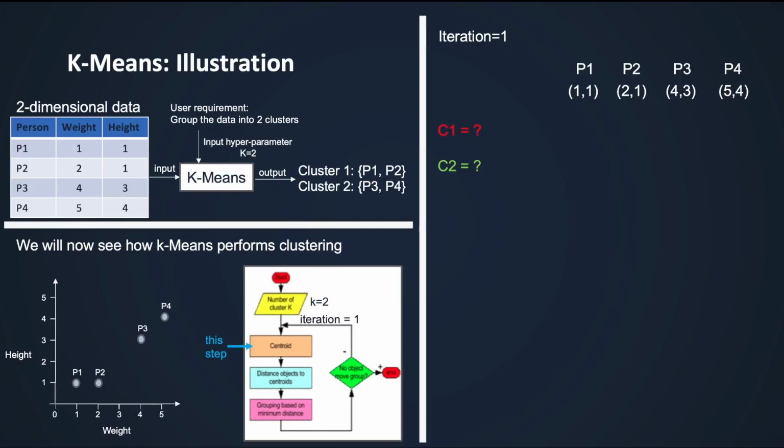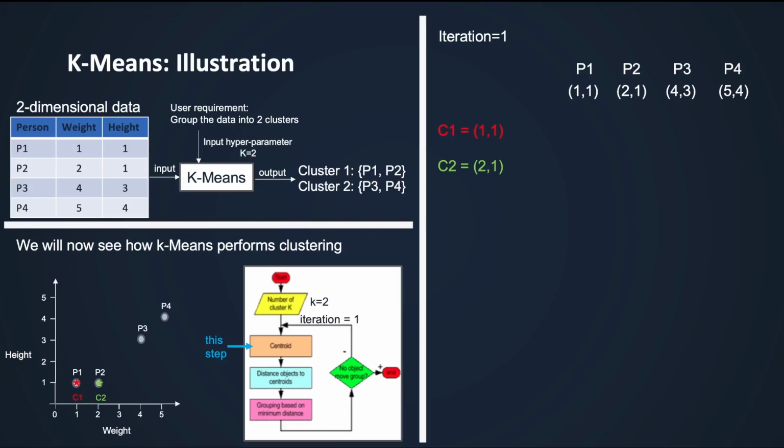Until now, we do not have any information about the centroids. So, we first randomly select the centroids from the given data. Let us choose initial centroids, say P1 and P2. Once we select the initial centroids, we use their data as the centroids.